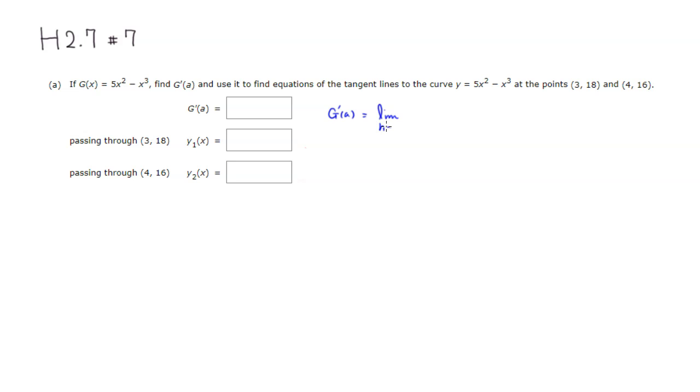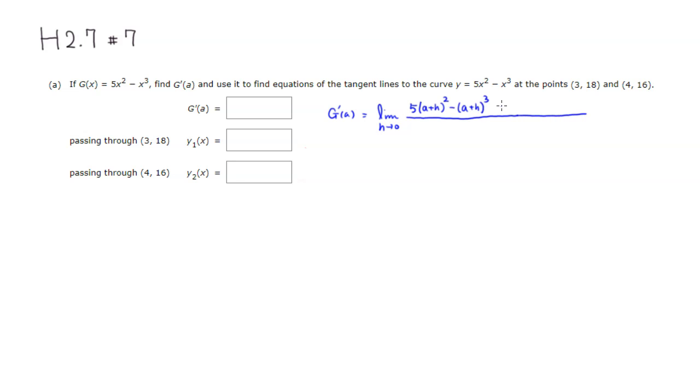as h approaches 0. Then we have capital G of a plus h. Every time you see x in the formula, we're going to put a plus h. So it's going to be 5 times a plus h squared, minus a plus h cubed.